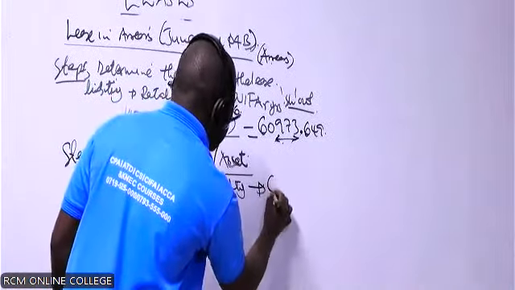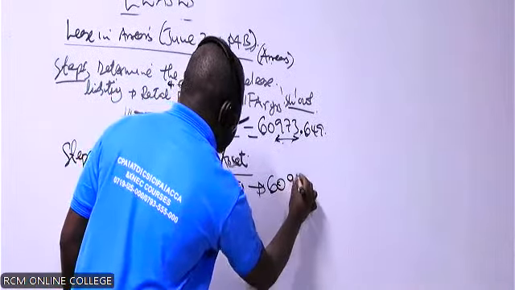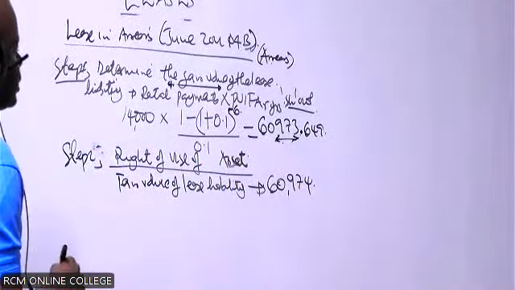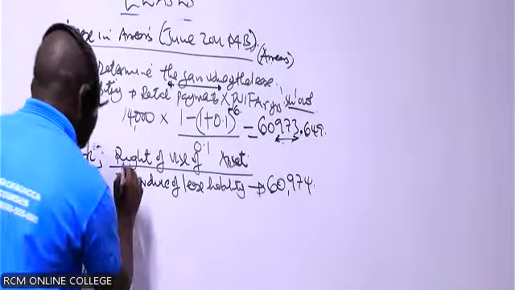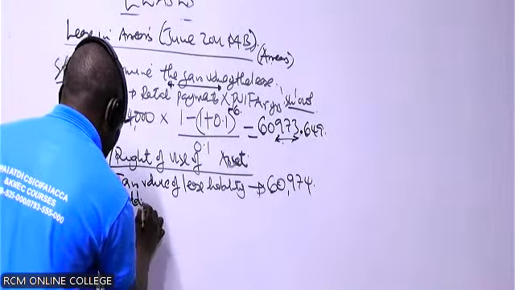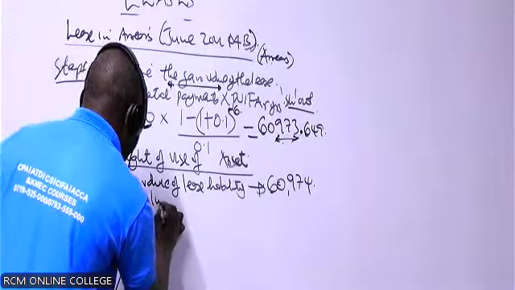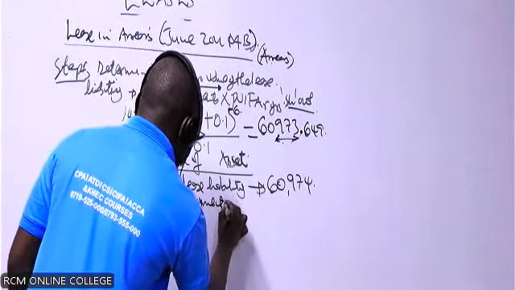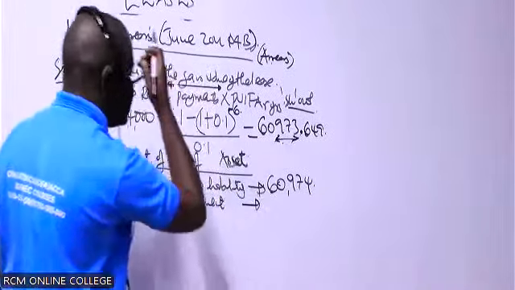It is coming to 60,974, let's say, around there. We just round off to that. Then we said you need to add on any initial payment. In our question, do we have an initial payment?